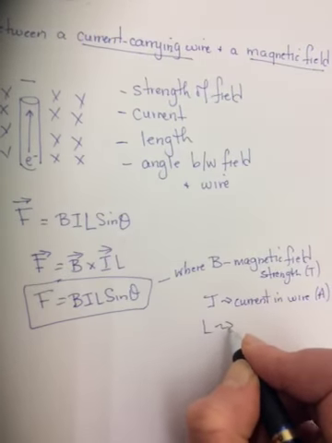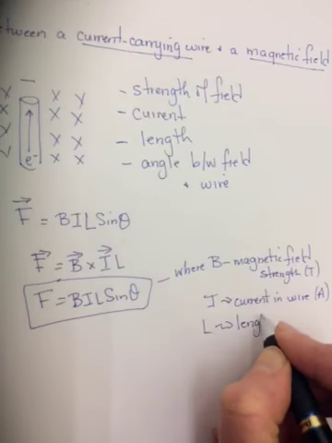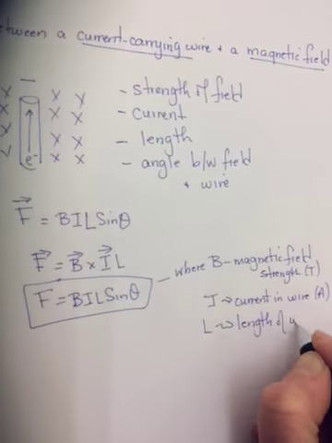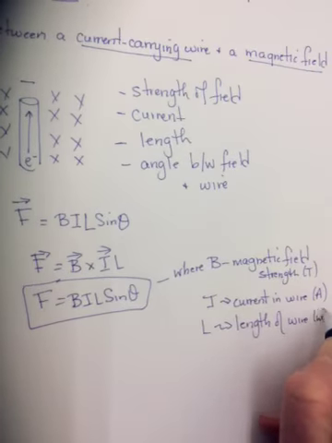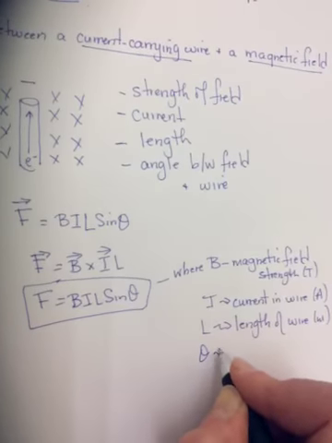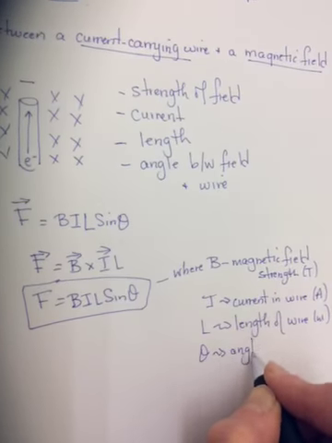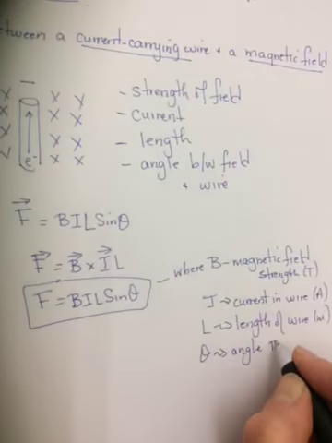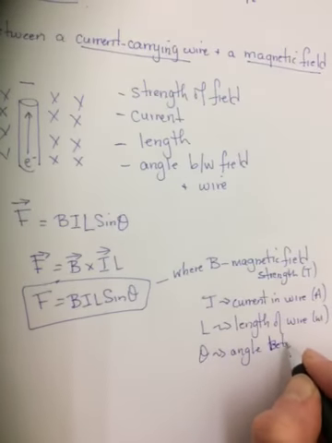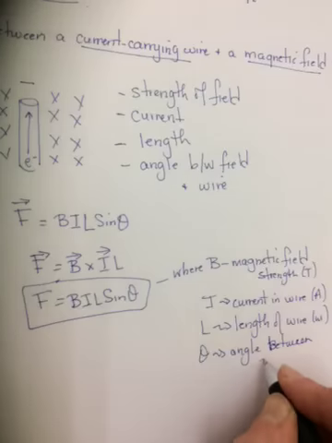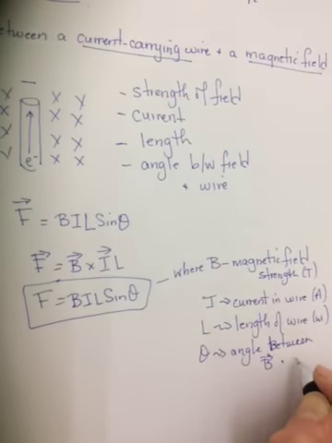L is the length of the wire, measured in meters. And theta is the angle between the two vectors, between B and I.